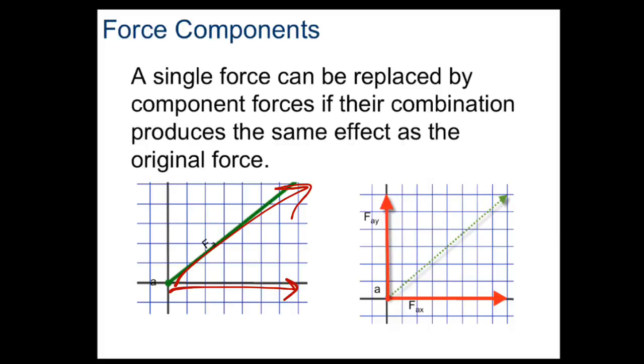So component forces are just the forces broken down into the x and y directions. If you had a force that's only acting in the y direction, it has its component in the y direction, but its component in the x direction has a magnitude of 0. So they always have x and y component forces.